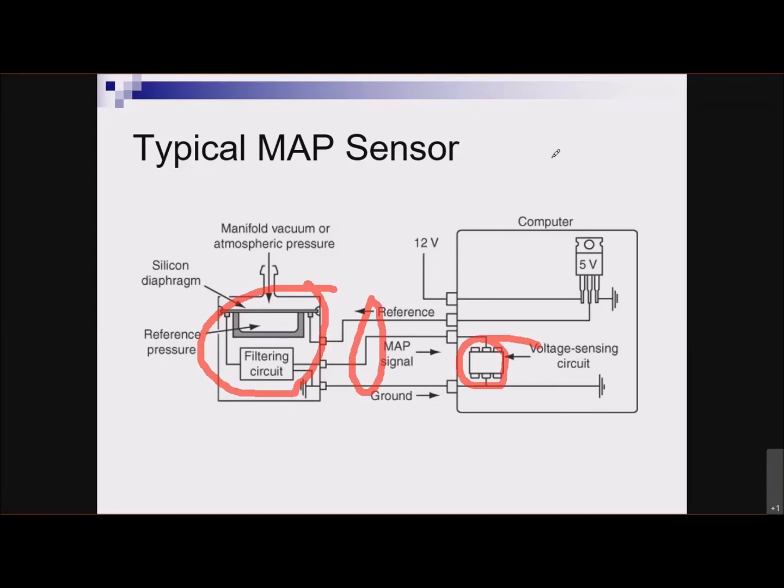So, how do I check this? Well, I can check both the wiring and the computer kind of easily, and you have to be careful here, all right? But if I unplug the sensor, so I disconnect that connection right there, what should my MAP signal be back at the computer?